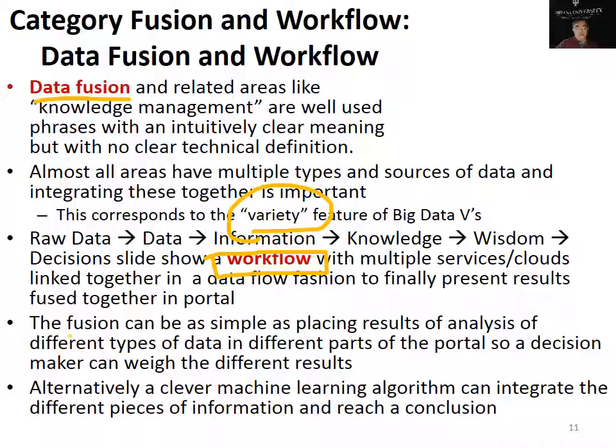The fusion can be done really simply by just running the different varieties of data independently and placing the answers on a portal, and then the user does the integration. Or else you can have a sophisticated artificial intelligence algorithm to make the decision. So either the decision maker does it or the computer does it.